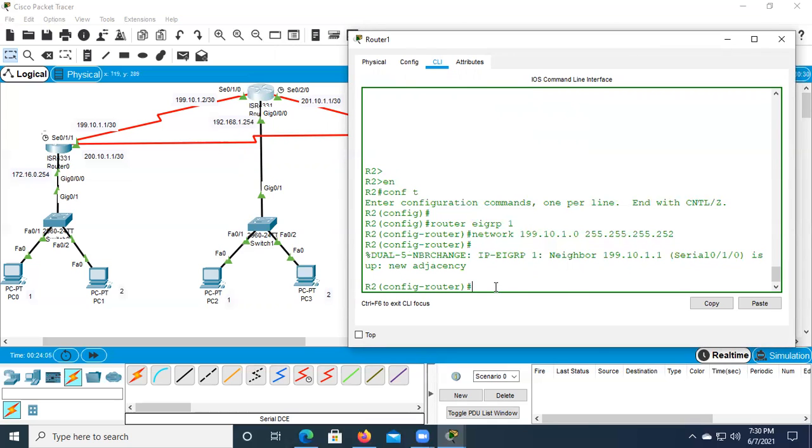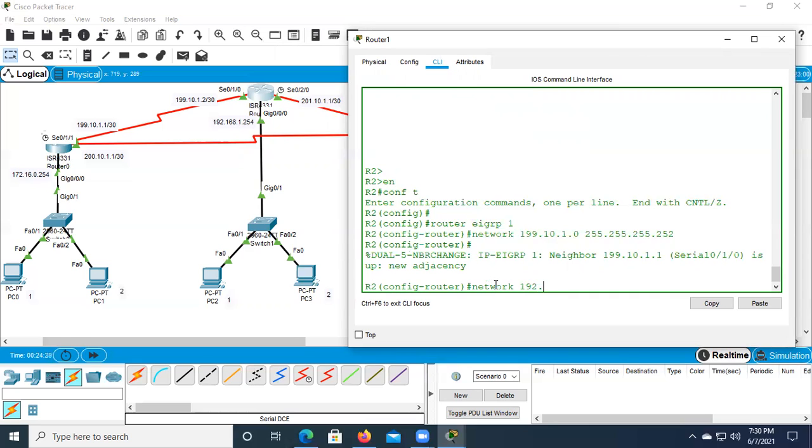Okay, let us advertise. Now, router 1 still will not receive the 192.168.1.0 network. Whatever networks you advertise in router 2, router 2 will advertise to router 1. And whatever networks you advertise in router 1 will be received by router 2. They exchange with each other.